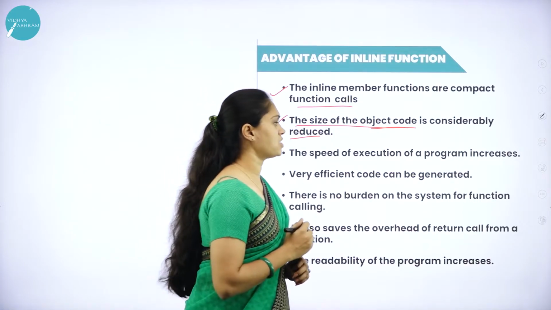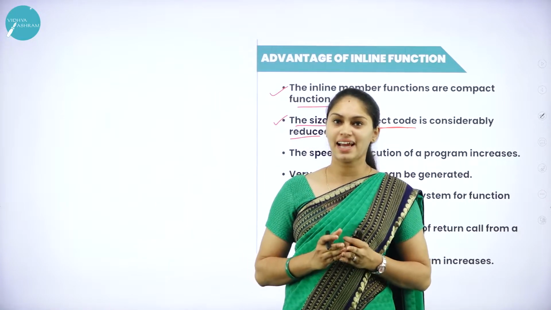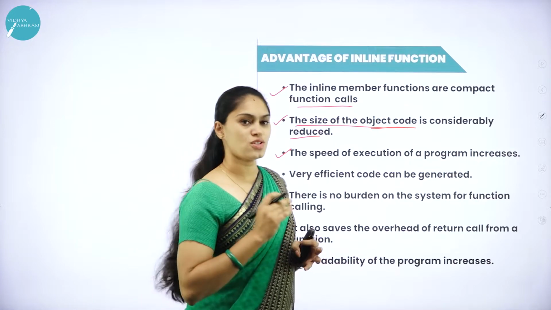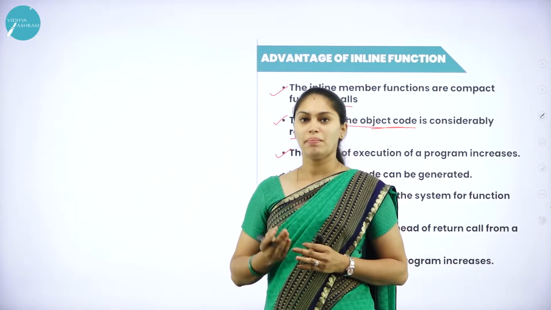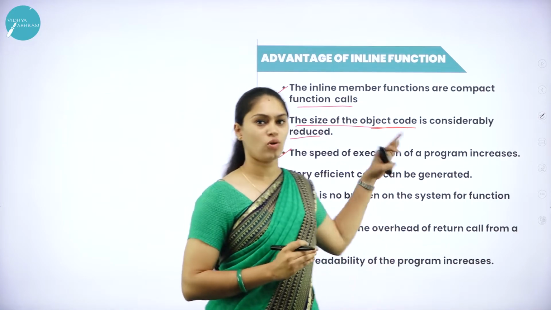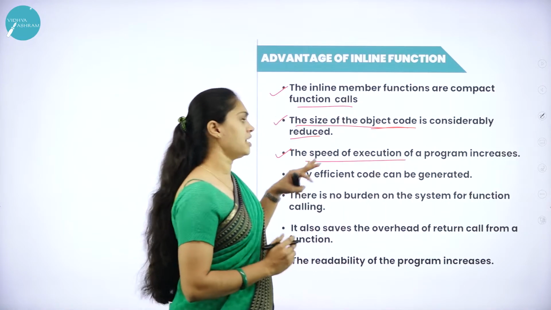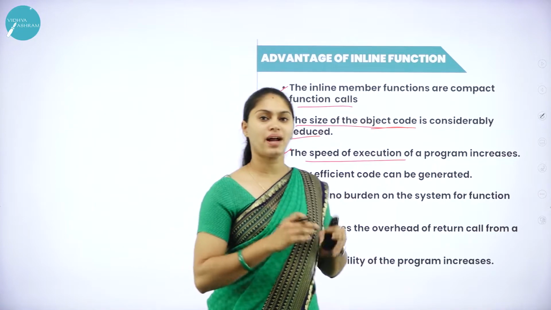And the speed of execution of a program increases. By making use of this inline function, the speed of a program increases considerably. With the help of this inline function, I can compile and run the program code in a fast manner, because everything is compact in a single line.